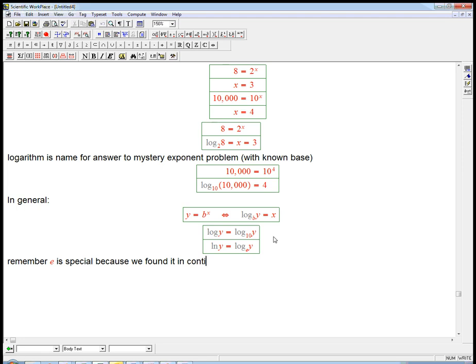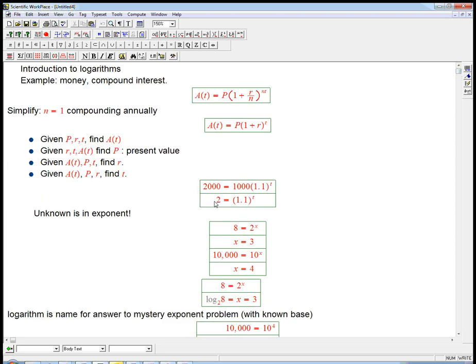There's many other reasons why e is special. But we know that it came in the continuous compounding problem. And so we're going to be using this; it stands for natural log, log naturel in French. So these are the two buttons we have on the calculator.